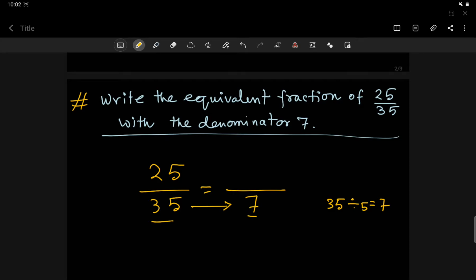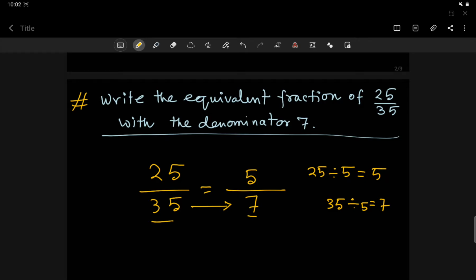So similarly, here the division operation is occurring. The same thing will happen to the numerator. So 25 also divided by 5 will come 5. So in the numerator, the number will be 5. So 5 by 7 is the equivalent fraction of 25 by 35. So for this question, I am telling again how to find it.